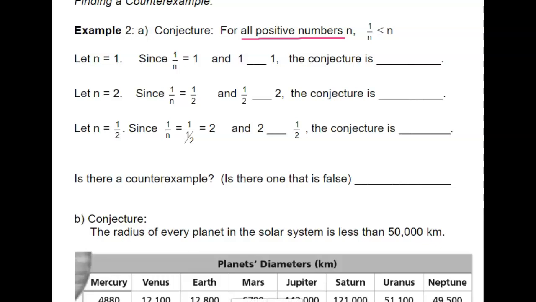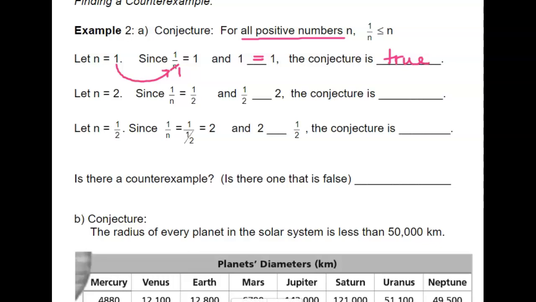Since 1 over n is just 1, and 1 is equal to 1, well, then the conjecture is true, because the conjecture said that 1 over n is less than or equal to n. So the conjecture is true here. I should say this situation is true.